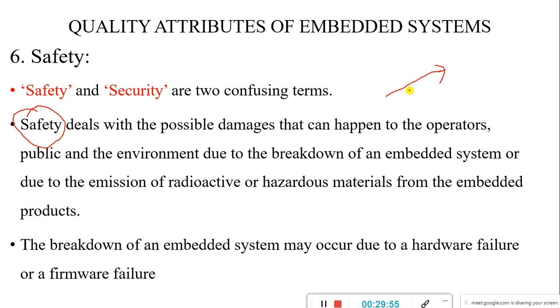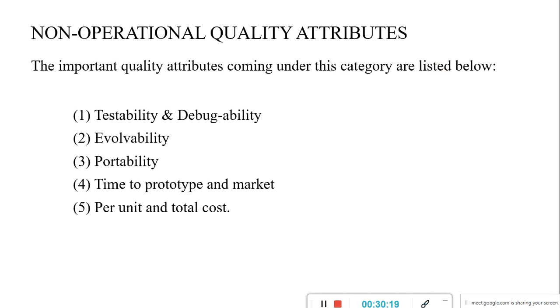These are the six important quality attributes which are operational. During operation of your embedded system, what type of quality attribute the system should possess. So this is all about the operational quality attributes of embedded systems.